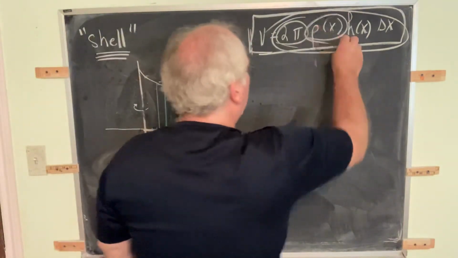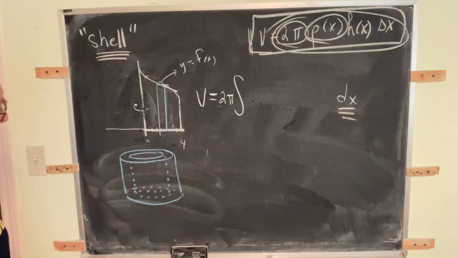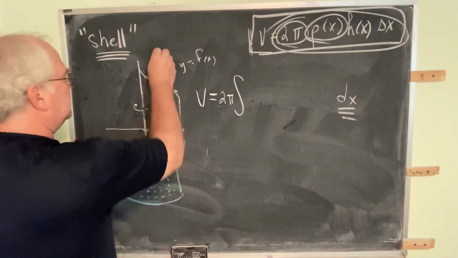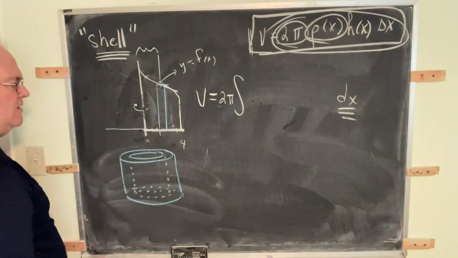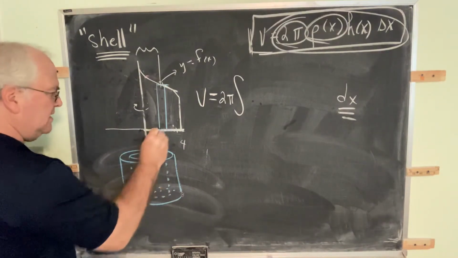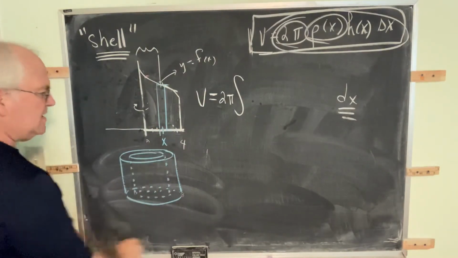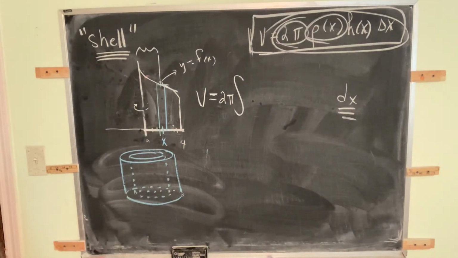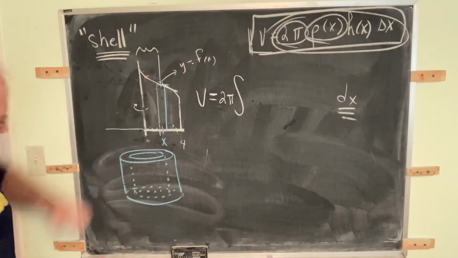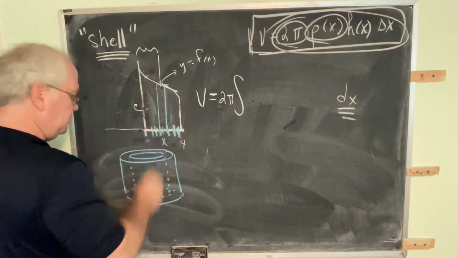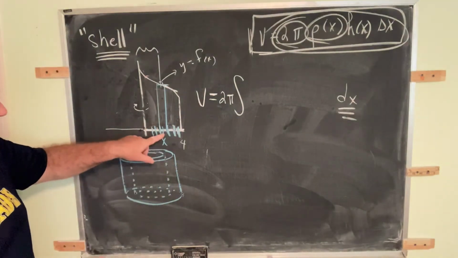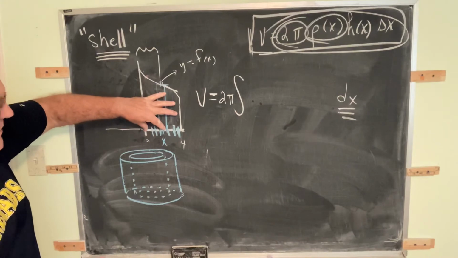Then we need the radius function, the radius. We need to know the distance from the center to the center of this rectangle. Well, we know what that is. That is the x value. We see that? That is the x value. When we partition this, whenever you form a partition, you choose a value. I'm choosing the center value, and that is the x value.